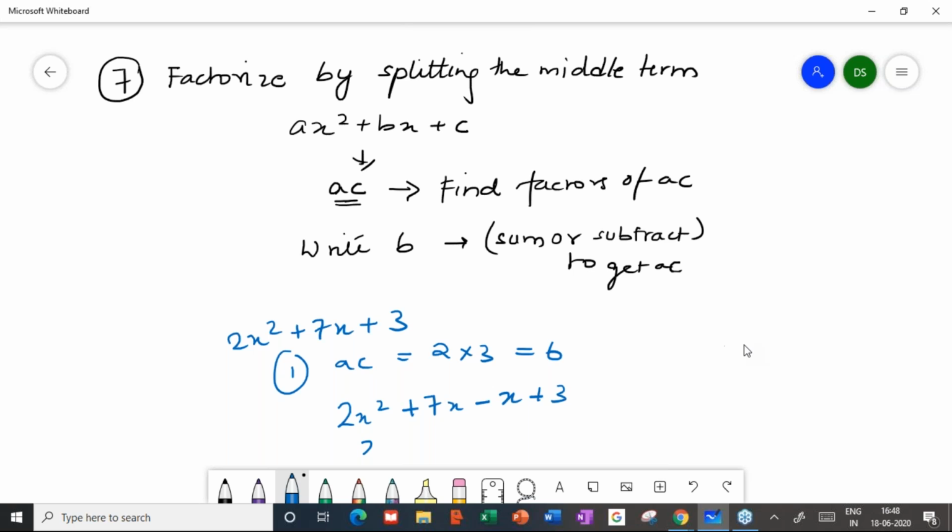So it will be, wait, what are the other factors which can be possible? Yeah, I made a mistake. It's not 7 and 1. I'm only getting confused. Just give me a sec.